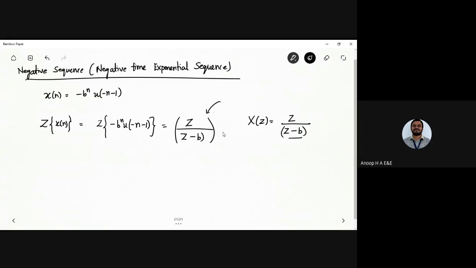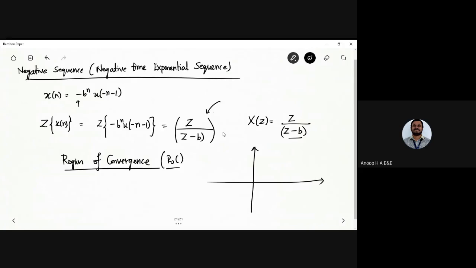This function is related to the left-hand side sequence because of the negative sign. So we want to talk about the region of convergence. How do you find the region of convergence for a left-sided sequence? Again, let me take the real part and the imaginary part of the complex number.